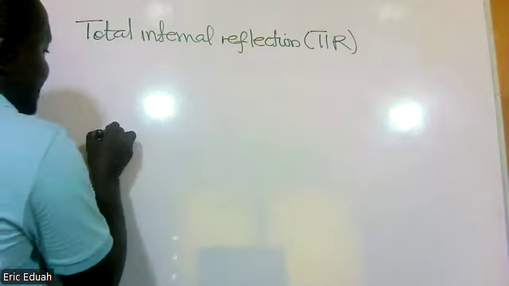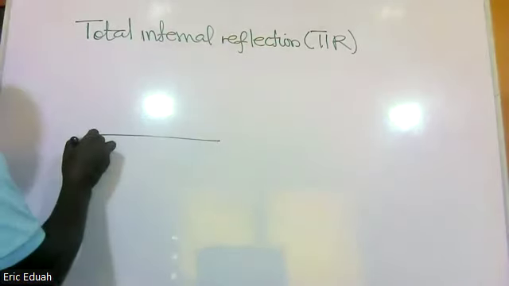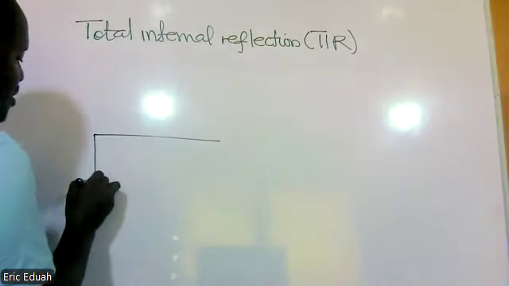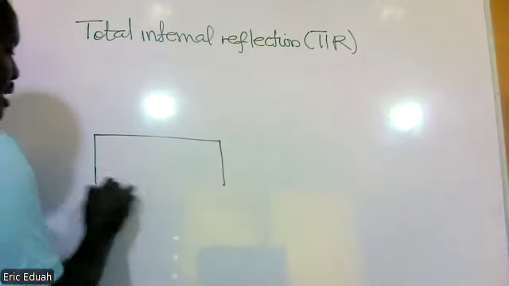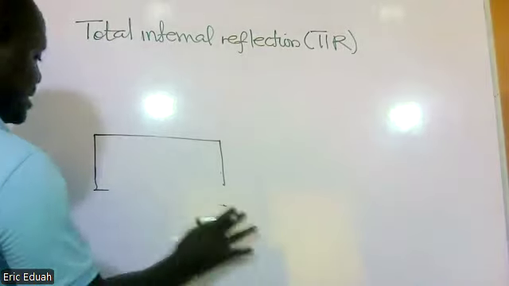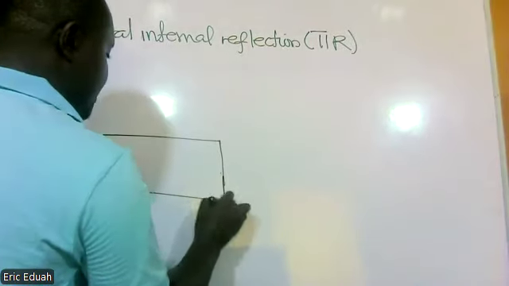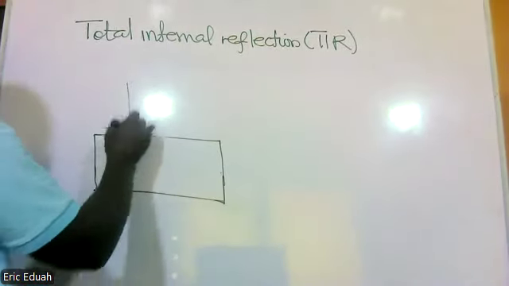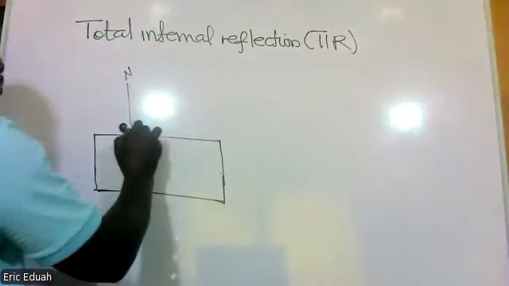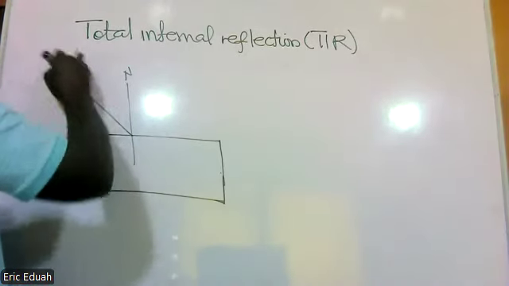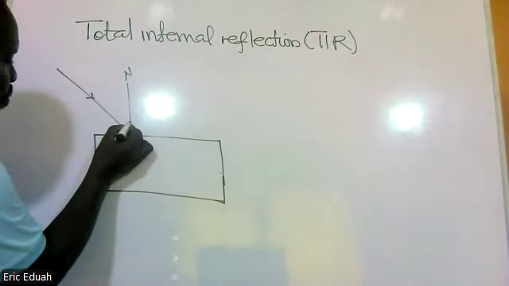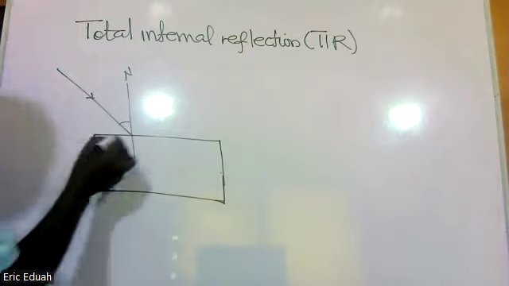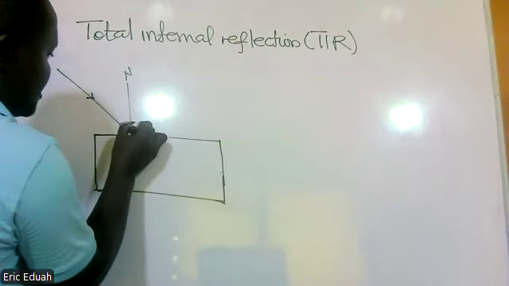Now, whenever light is incident on a surface, and this is a transparent material, this is a normal. We have here the incident light. Part of the incident light will be reflected.